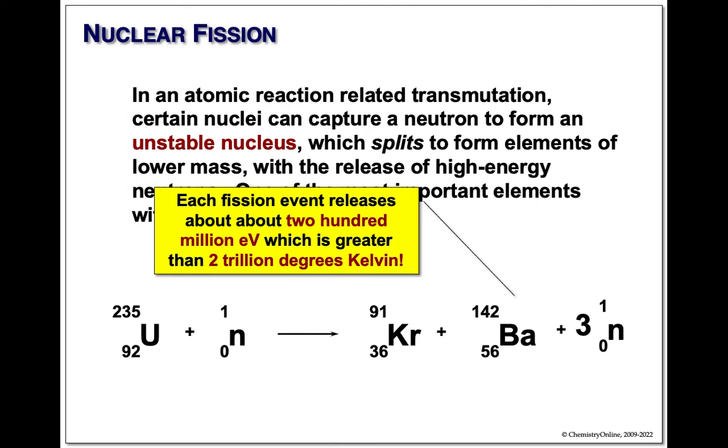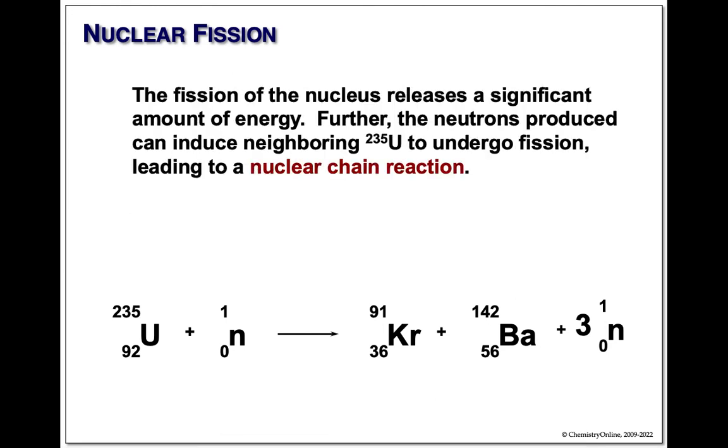The energy that's evolved when this happens, 200 million electron volts, equivalent to 2 trillion degrees Kelvin. Lots and lots of heat and energy. Again, if we reutilize these guys and do the whole thing over again, that's called a nuclear chain reaction.